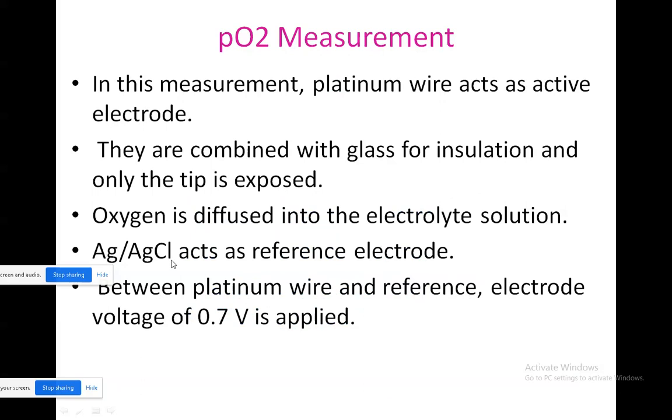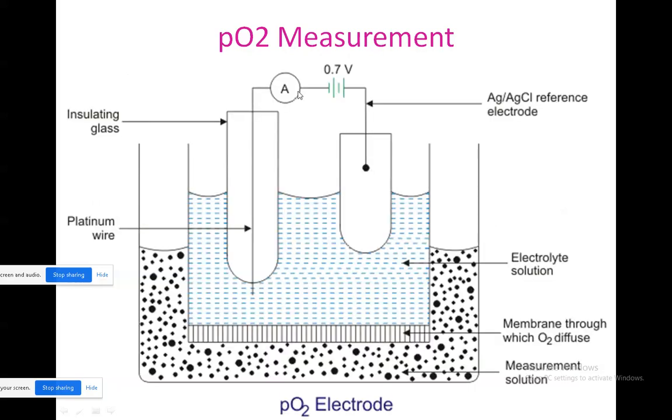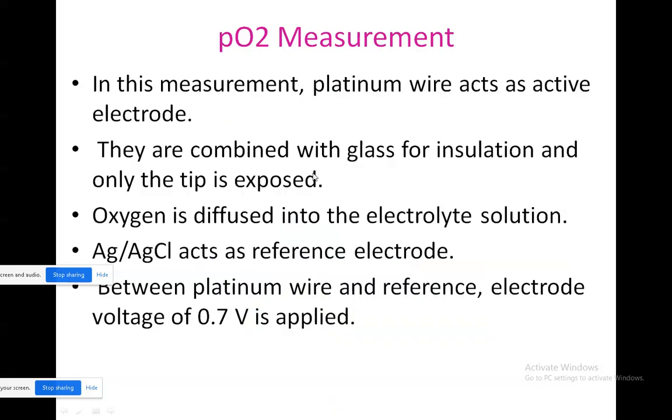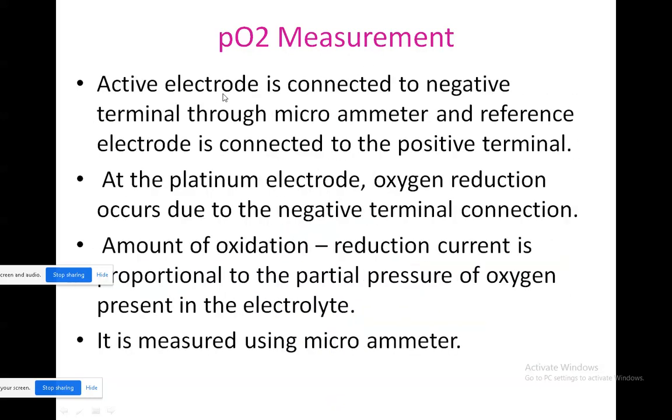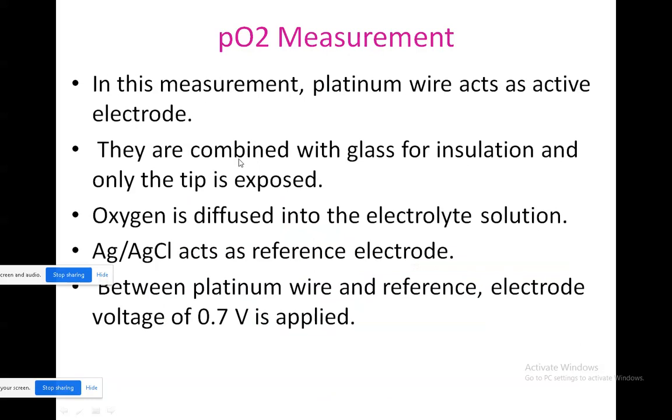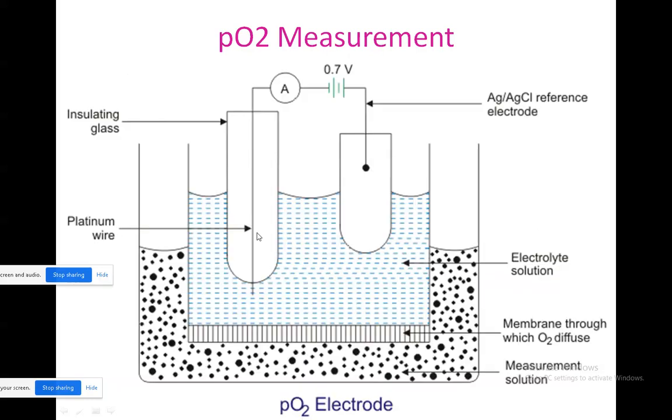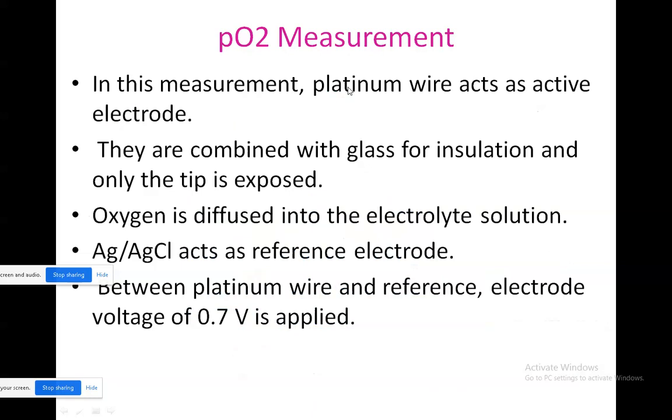Then silver chloride acts as the reference electrode. Between the platinum wire and the reference electrode, you will connect a 0.7 volt power supply. The active electrode is connected to the negative terminal, but your reference electrode is connected to the positive terminal.